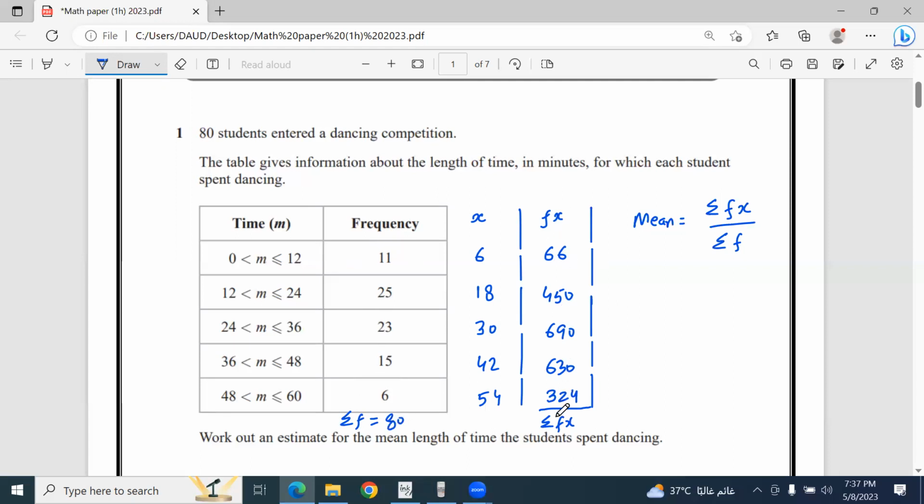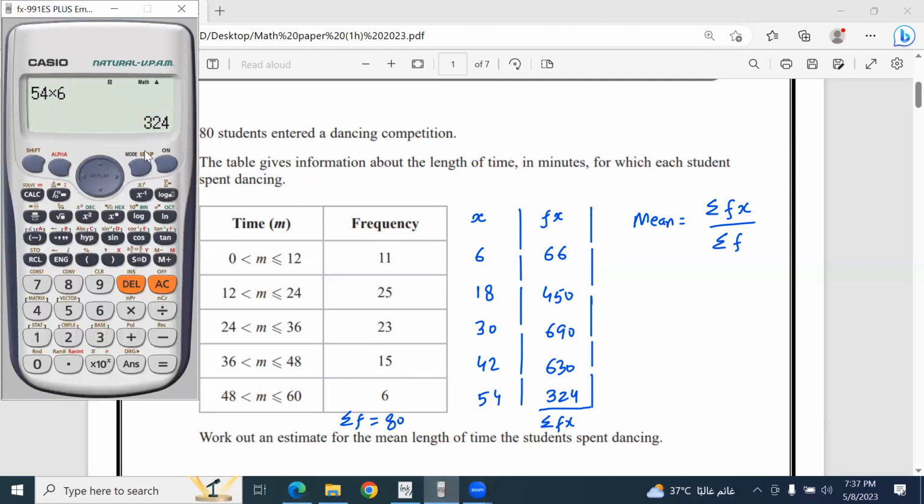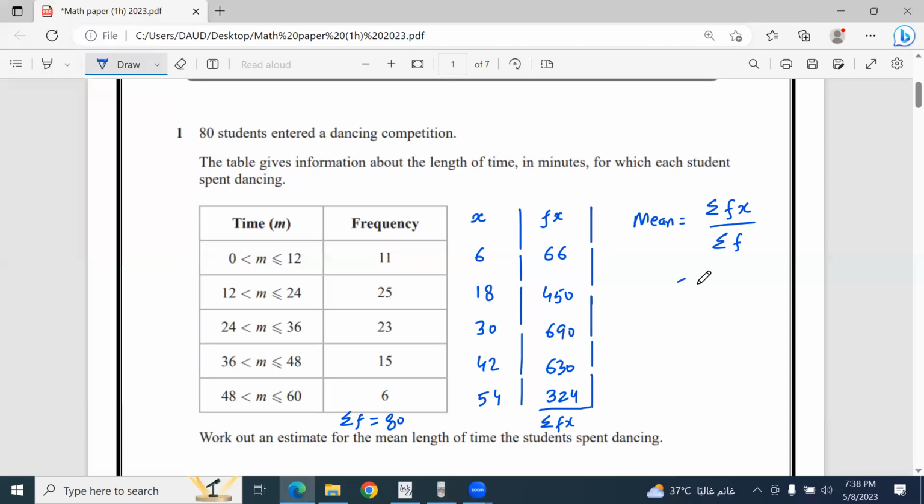So we have to calculate all these. In the calculator you can add all: 66 plus 450 plus 690 plus 630 plus 324 equals 2160.